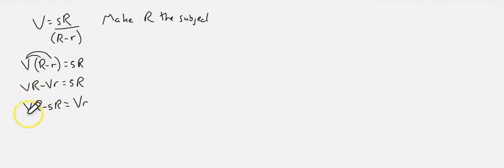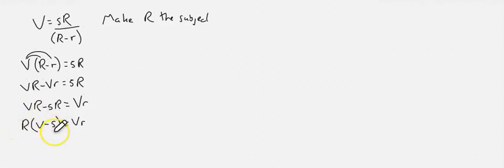We could simply use factorization to factor this capital R out. So we would get capital R into V, because capital R by V gives us VR, minus 5, because minus 5 multiplied by capital R gives us minus 5R, is equal to V common R. And now we have this capital R here, but we need to get rid now of this V minus 5.